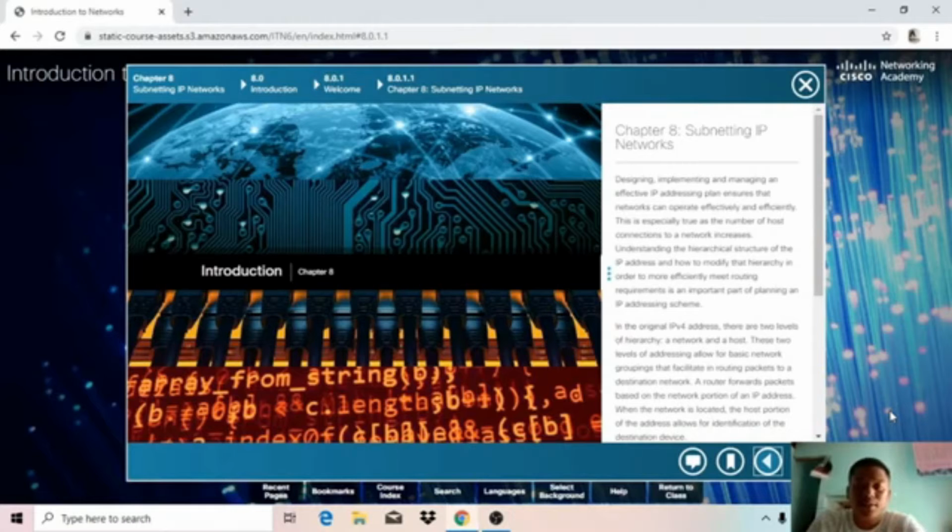Hey guys, today we are discussing chapter 8, subnetting IP networks. This chapter is covered by designing, implementing, and managing an effective IP addressing plan to ensure that the network can operate effectively and efficiently.